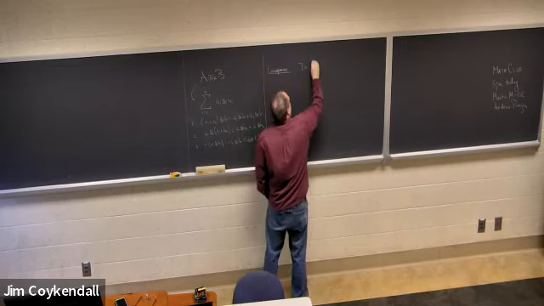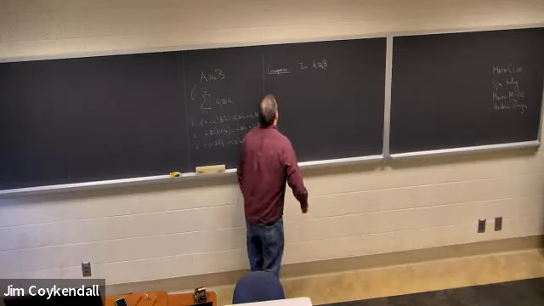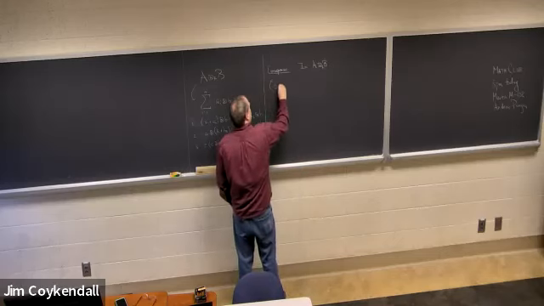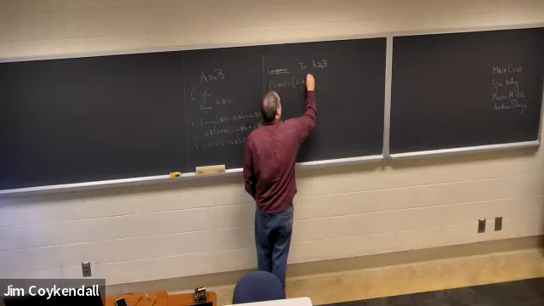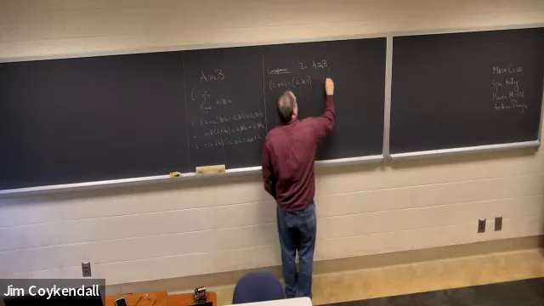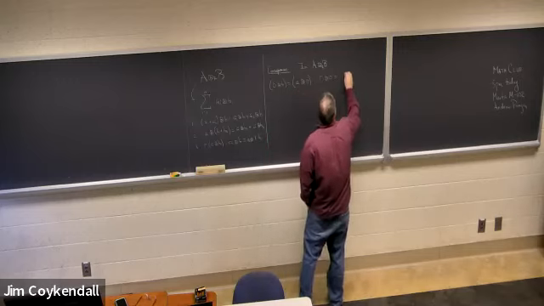In A tensor B, 0 tensor B equals A tensor 0 equals 0 tensor 0, which is equal to the 0 element.